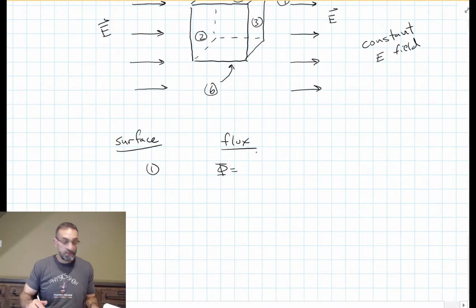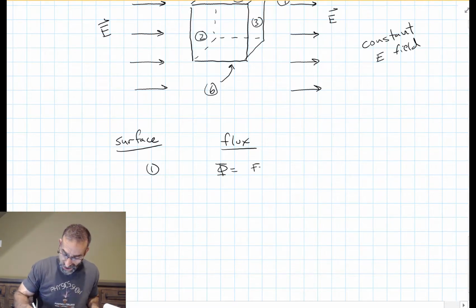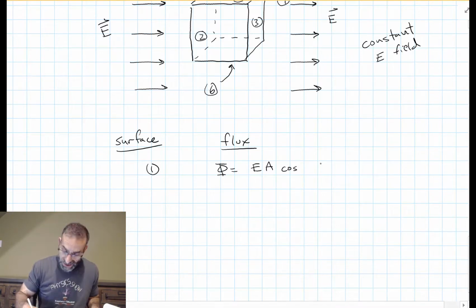The flux through surface 1 is just going to be the electric field times the area times the cosine of the angle between them, because the electric field is constant over the area. It's a uniform field, it's the same everywhere. So we have a constant electric field. So E times A times the cosine of the angle we get when we put their tails together.